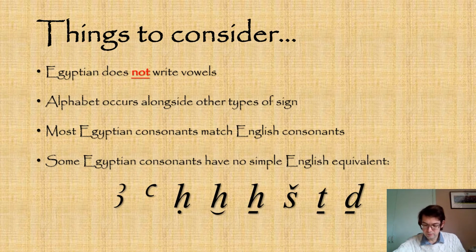There are, however, a few extra things to consider, because the Egyptian alphabet wasn't quite like ours. First off, Egyptian does not write vowels. Not because it didn't have any, as all languages need vowels to be pronounceable, but because Egyptians were able to work out pronunciation just from looking at the consonants.